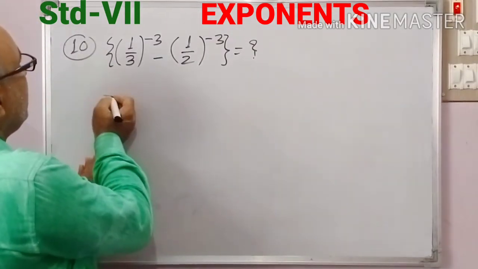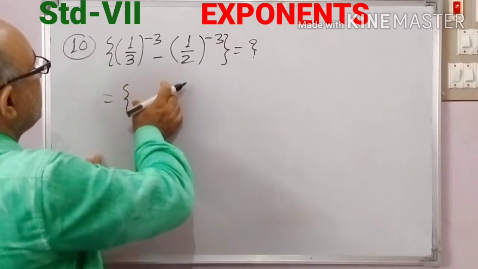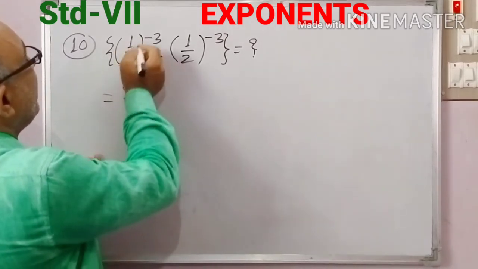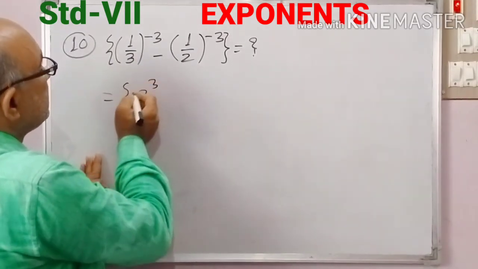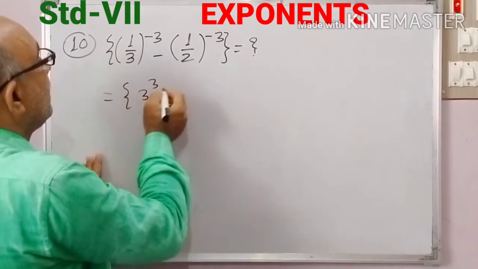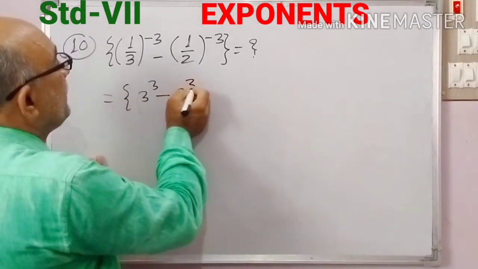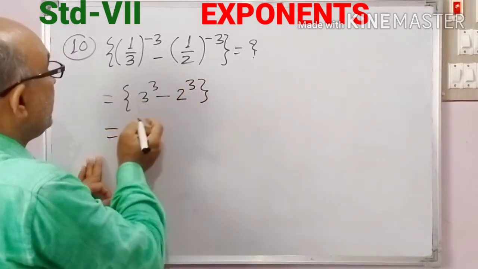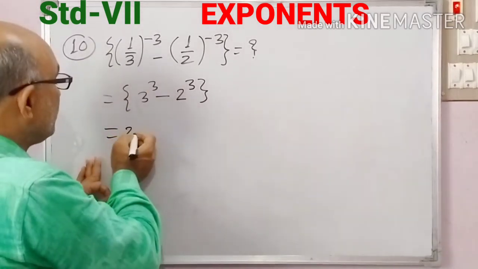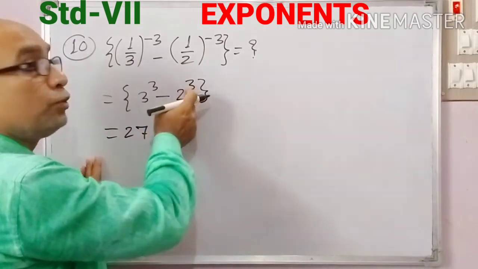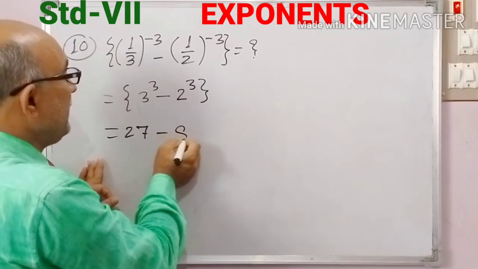Solve it. 1 by 3 to the power minus 3 means 3 to the power 3, minus 1 by 2 to the power minus 3 equal to 2 to the power 3. 3^3: 3 threes are 9, 9 threes are 27, minus 2^3. 2 into 2 into 2: 2 twos are 4, 4 twos are 8.